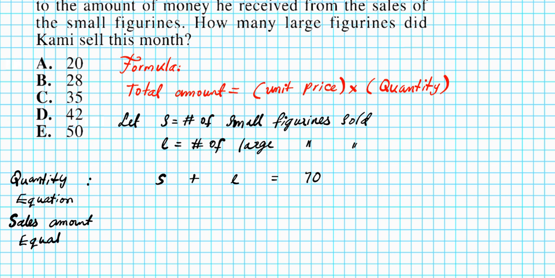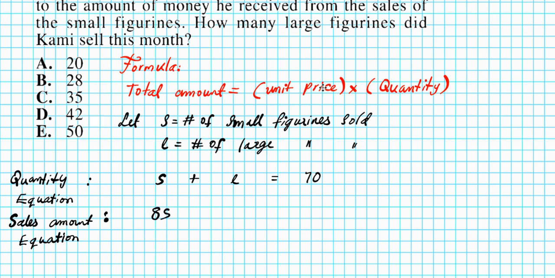All right, so this one we're going to implement the use of this formula that we talked about right here. So for the small figurines, the unit price was $8, and how many were sold? S were sold. So the total amount of small figurines is given by 8S. So that's the total amount of small figurines sold.